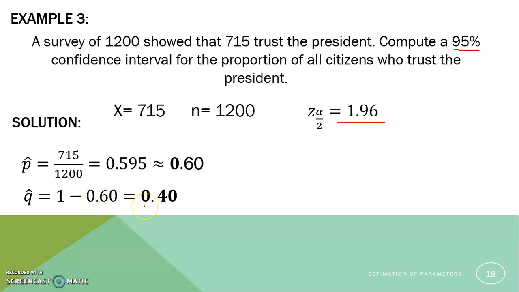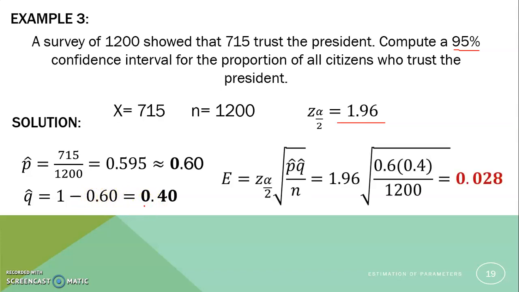That's 40 hundredths. So, in getting the error, we solve the error first so that it is easier to solve the interval. We substitute and we have the outcome 28,000.